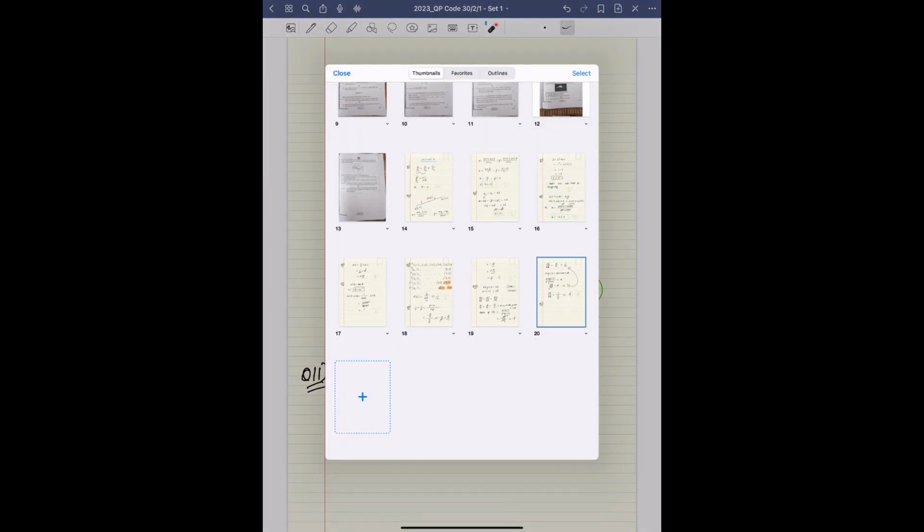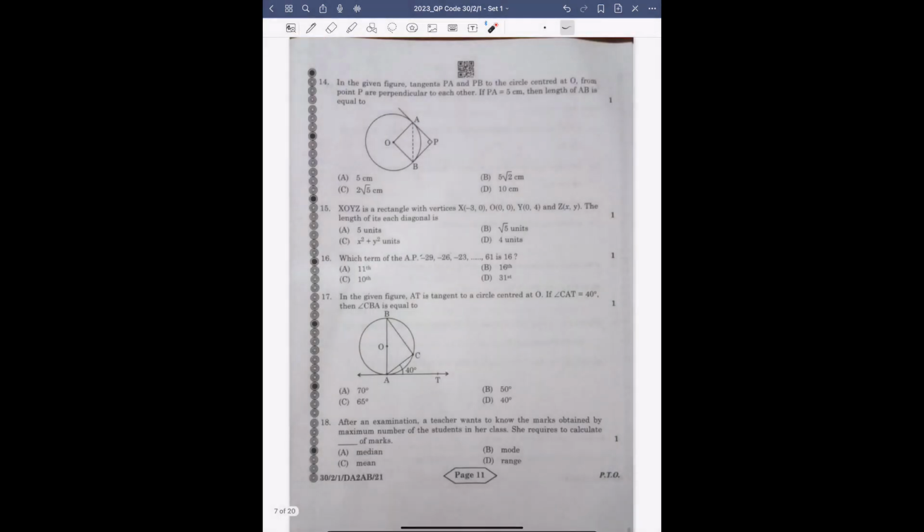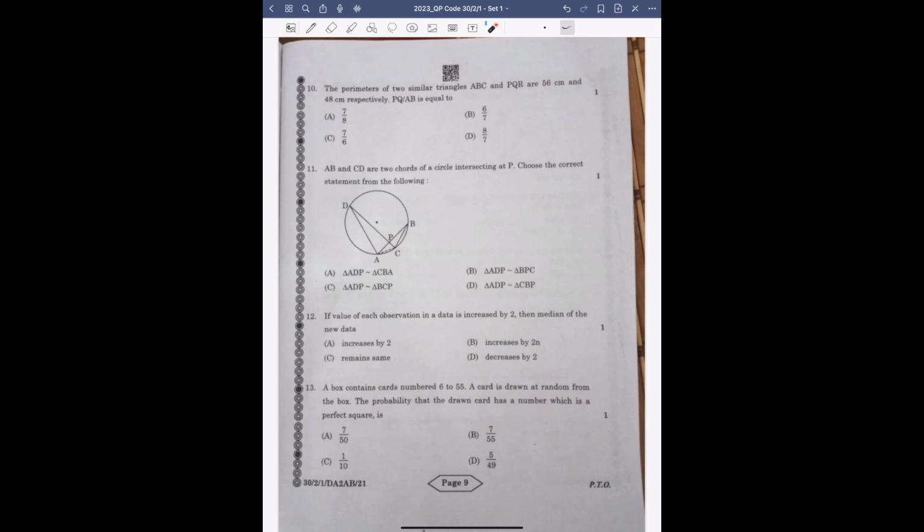Now if you look at the figure, you can easily make out that triangle ADP is common to all the options. We need to check which of these triangles, whether CBP or BCP, which are nothing but the same, or CBA, this triangle, or this triangle, is similar.